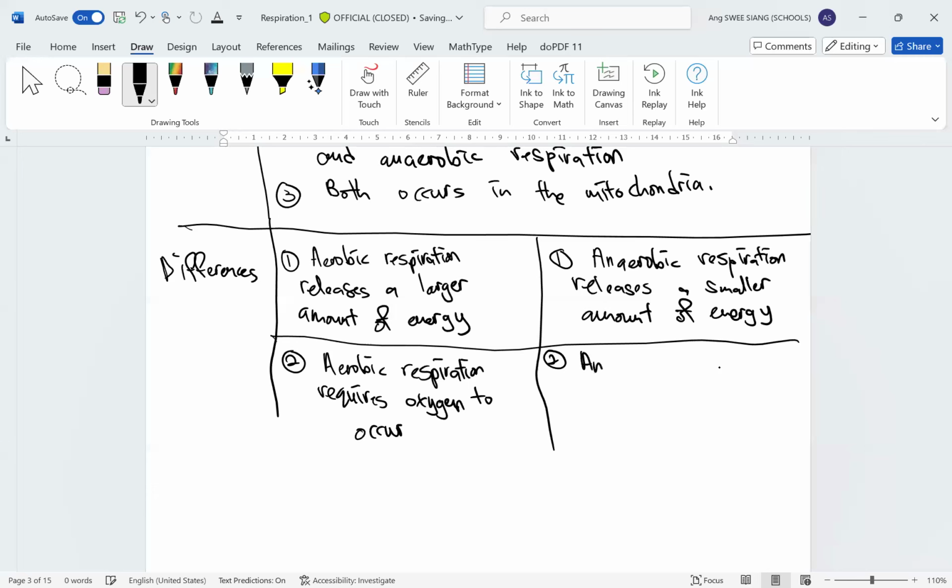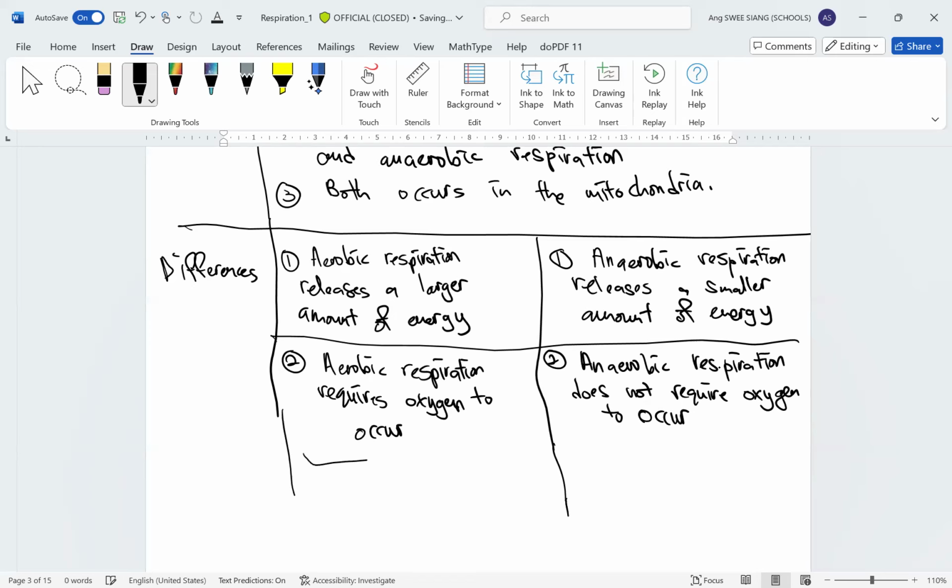Then anaerobic respiration does not require oxygen. Okay, very good.